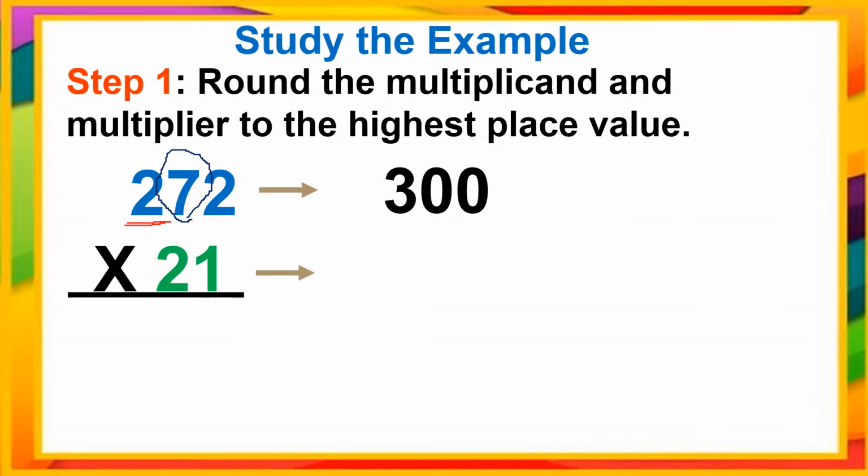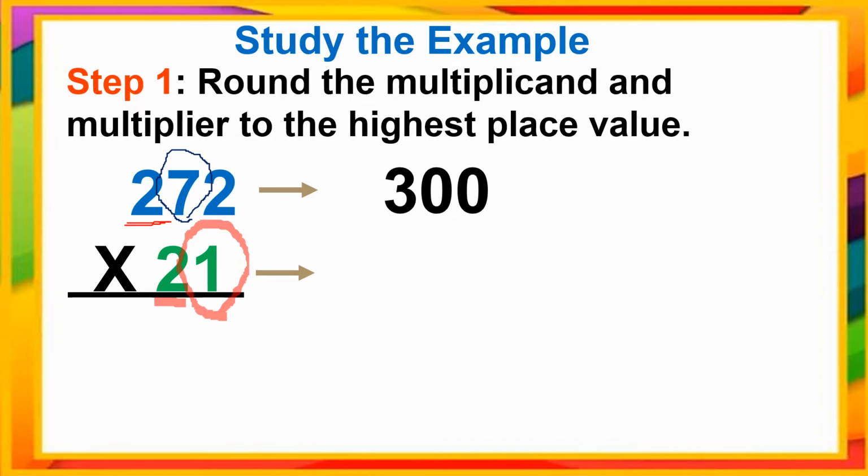Let's proceed to the multiplier. We have here a 2-digit number. So the number that has the highest place value here is 2 because it is in the tens place. Then we look at the number at the right of 2. That is 1. This number will tell us if we're going to round up or round down.